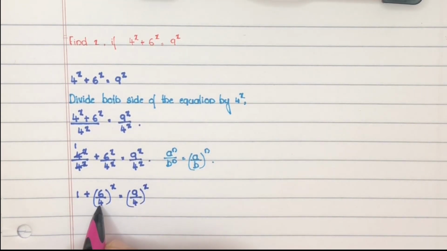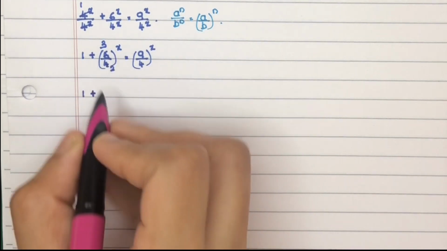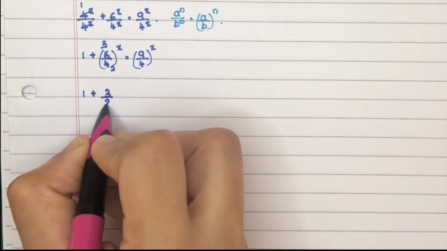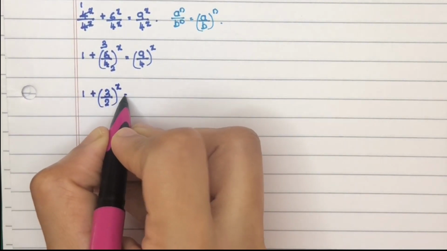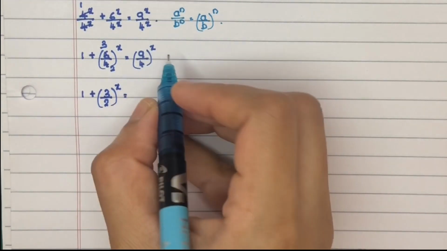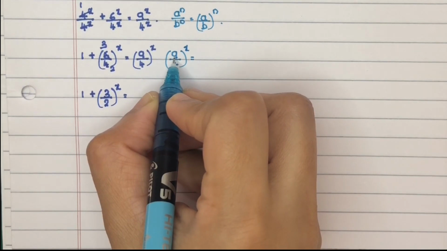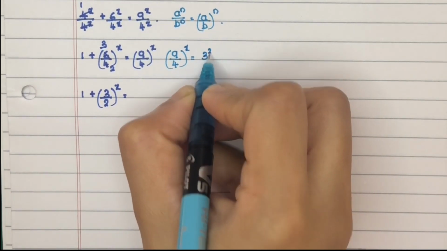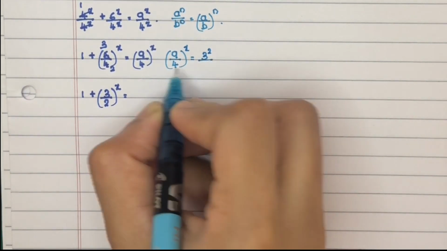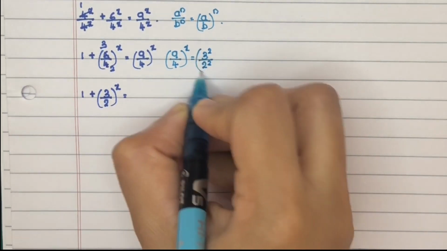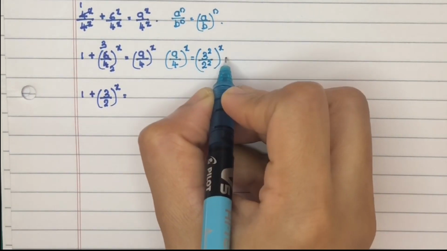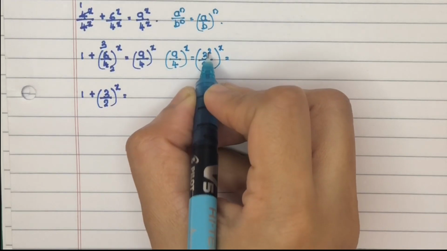In 6 and 4, 2 is common. So cancel the common factor. Remaining 3 by 2. 1 plus 3 by 2 whole raised to x equal to 9 by 4 whole raised to x. 9 is 3 square, 4 is 2 square, whole raised to x equal to, exponent 2, exponent same.